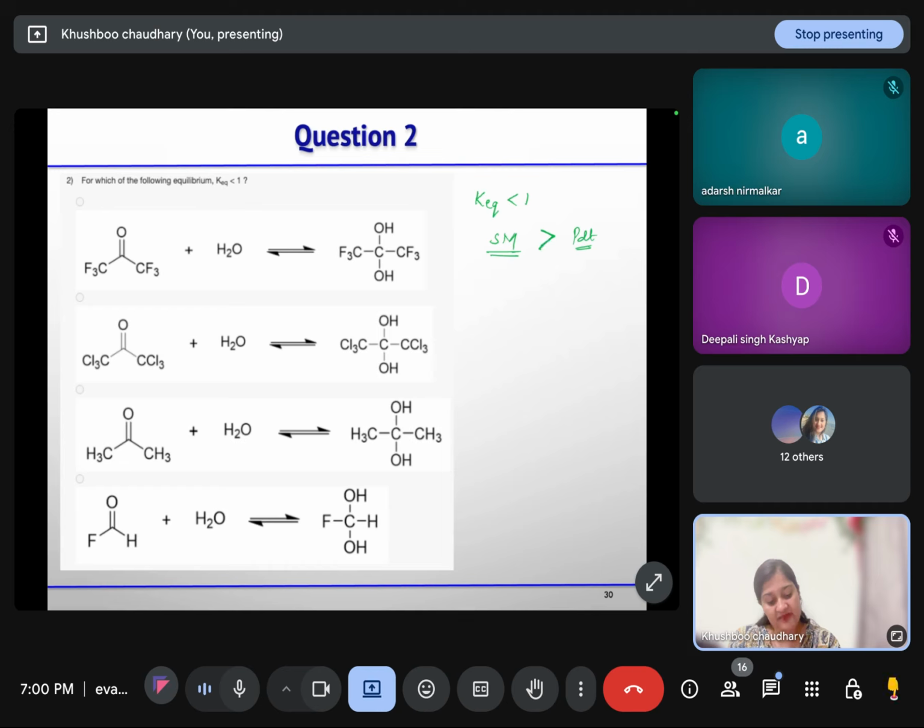So whenever a nucleophile attacks the electrophile, you will see the electrophilicity of the carbonyl center. This is the hint. Now tell me which one is the correct option.